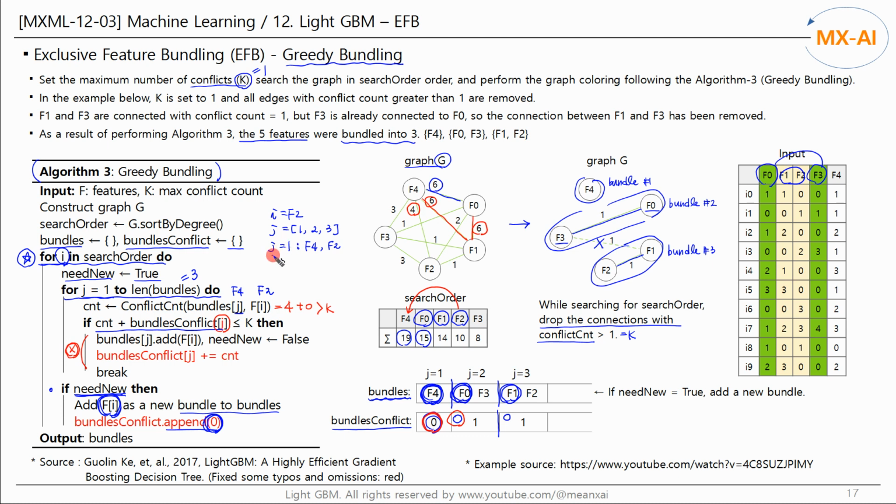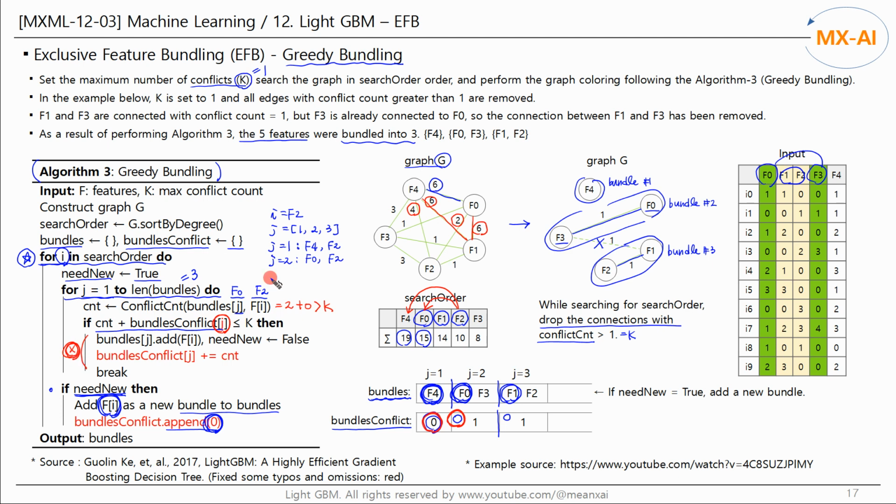If J is 2, get the conflict counts between F0 and F2. The conflict counts of F2 and F0 is 2. To this value, we add 0, the jth element of the bundle's conflict list. This is also larger than k, so these steps are skipped.